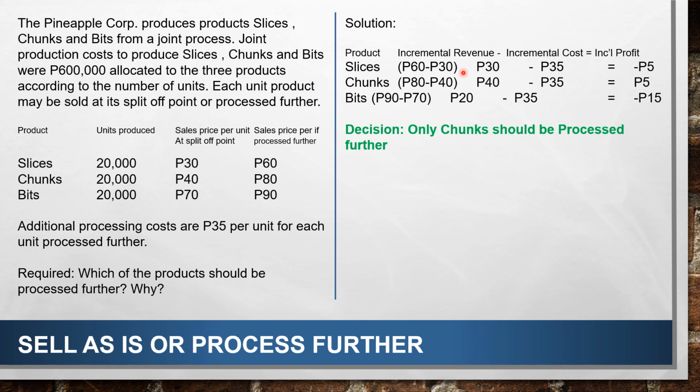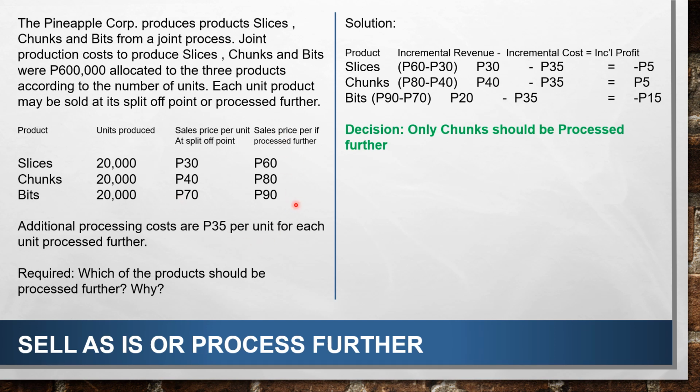In the given, we have the sales price per unit if processed further. For slices, it's 60. If we process it further, it will be sold at 60. But if you just sell it at the split-off point, it will just be sold at 30. So 60 less 30.